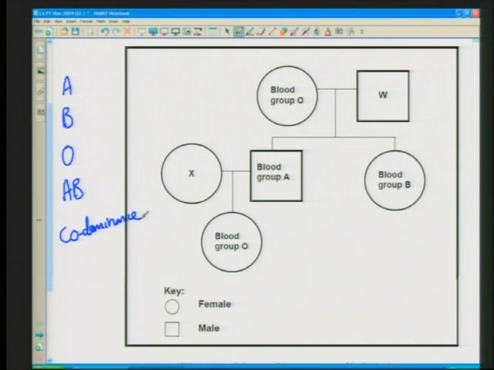In other words, A and B equally dominate, but O is recessive. In its homozygous state it's completely recessive. The only time a person will have blood group O is if it is double O.